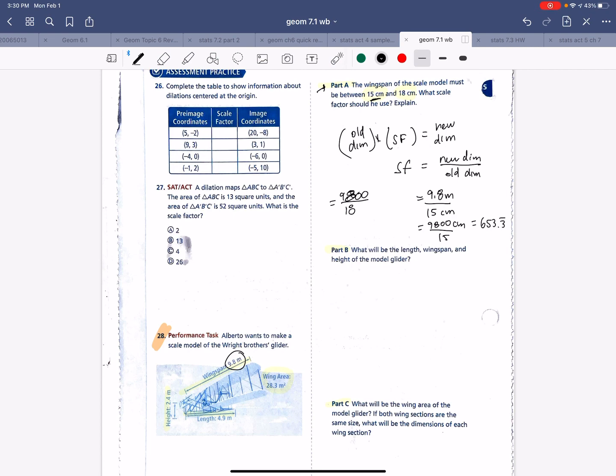Let's see what that does. 9800 divided by 18, and I get 544 repeating. So what scale factor should we use? We should use anywhere between 544-ish to 563-ish.